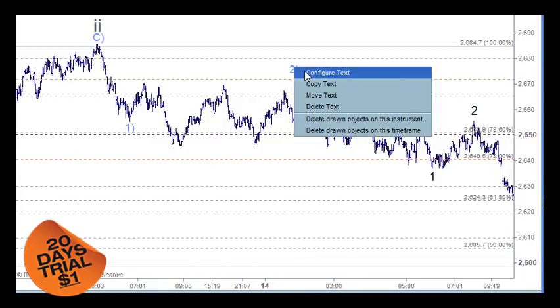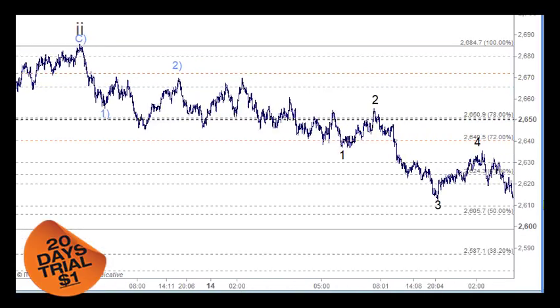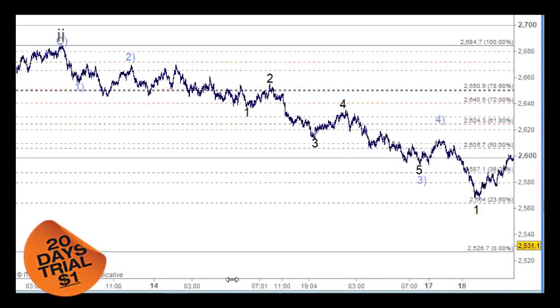So probably the logical thing to do would be to move that from here to here, and then that would make this an A wave, a B wave, and 5 waves up for a C wave here. That would be okay, but I still don't get 5 waves down here. So I've got a bit of a problem in here if somebody wants to sort that out and take that on board. But it would leave me with an extra wave here.